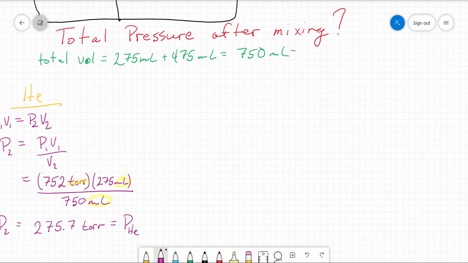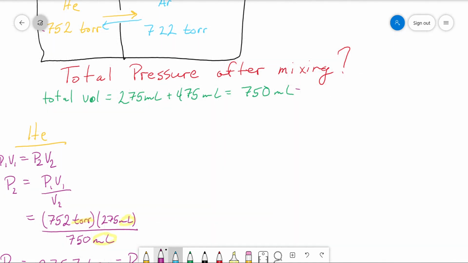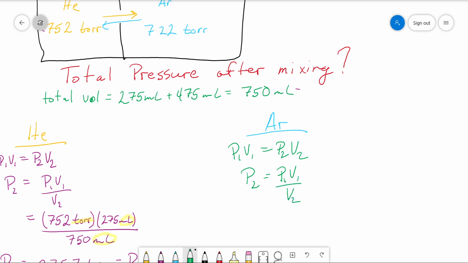All right. Now, let's go back up. We want to do the same thing for the argon gas. Okay. Same exact equation, same scenario, P1 V1 equals P2 V2. We're going to mix them, so P2 is equal to P1 V1 over V2. That's exactly the same way we started for helium, nothing new.